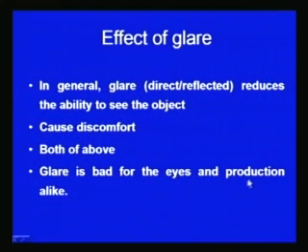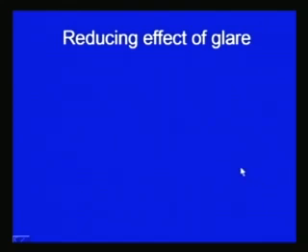Glare is considered to be bad for the eye and for production alike. It causes visual fatigue and adversely affects the eyes, because a worker takes longer to recognize the object and to see things clearly. It increases the time required for producing a unit job, so it adversely affects production also.